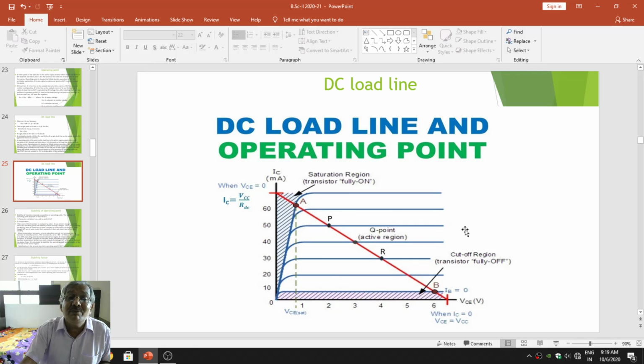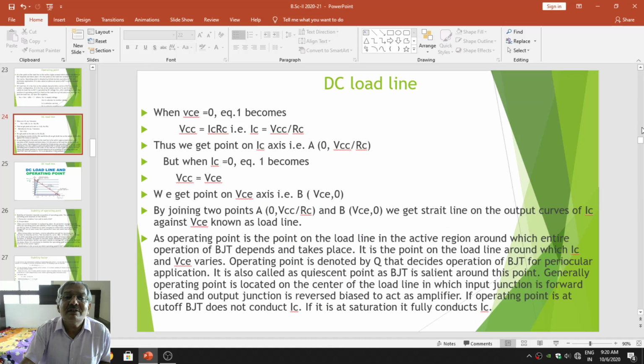As these curves are available with us, we have already determined the 2 points. One is the point located on the IC axis, that is VCE is 0, IC equal to VCC upon RC. Another point is the one for which the value of IC is 0 and VCE equal to VCC. So let us determine.